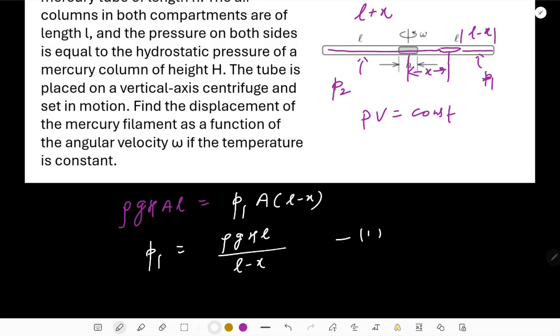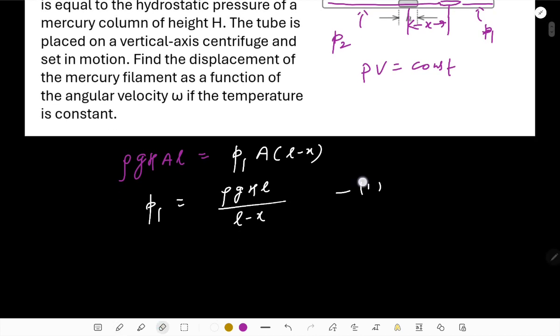Or you can say here that the force has become, this is the pressure, and the force from the right side has become P1A, and you can also write it as rho GHL upon L minus x multiplied by A. Simply you can write this pressure.